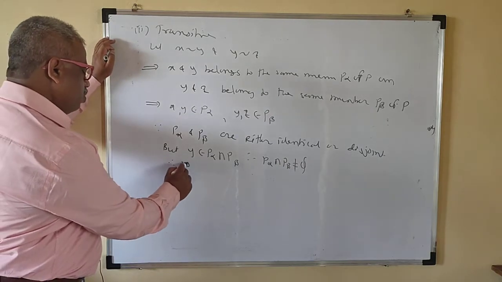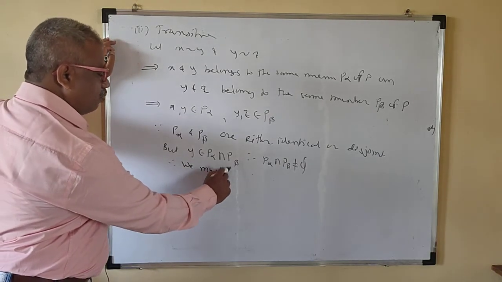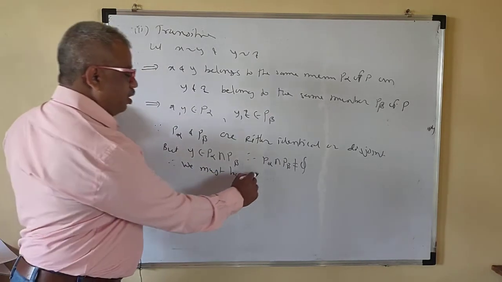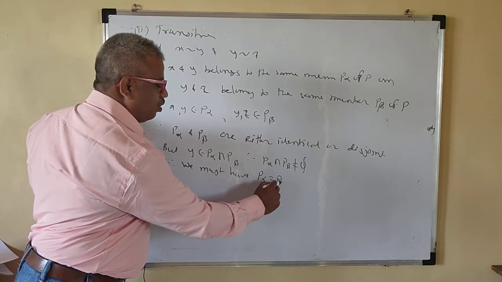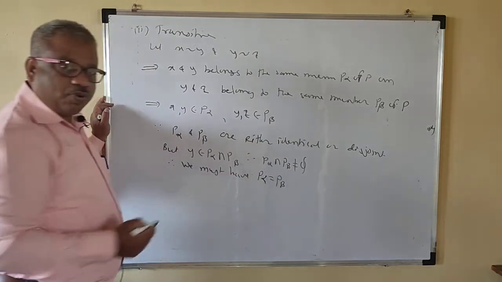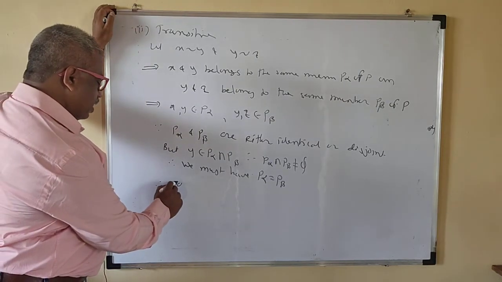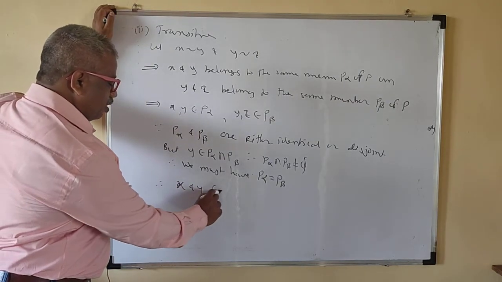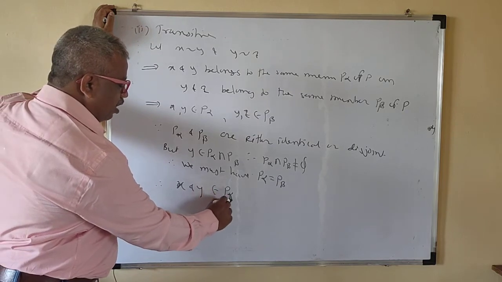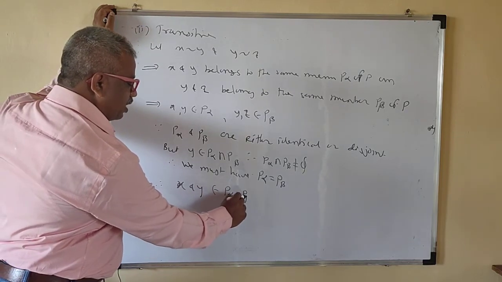Therefore, we must have P_alpha is equal to P_beta, and we have proved that P_alpha is same as P_beta. Therefore, X and Z belong to P_alpha equal to P_beta.